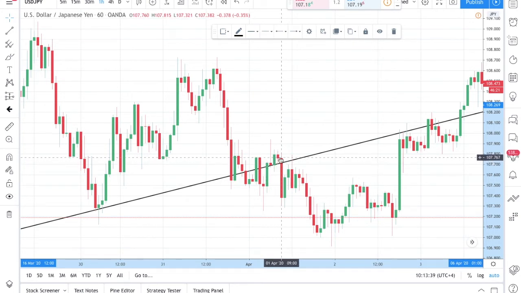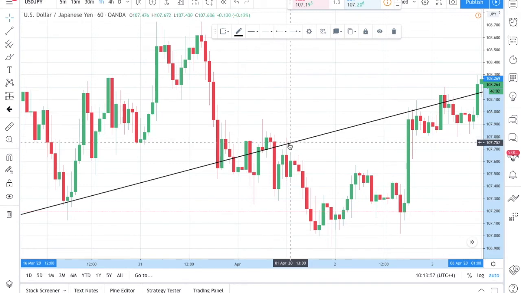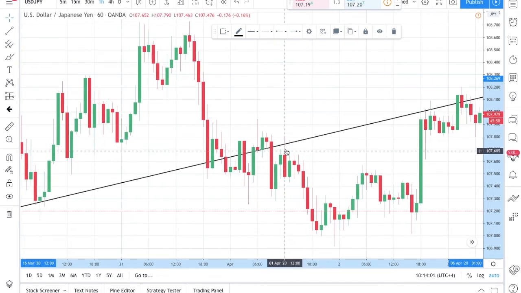The market came down, and now we have to wait for the first attempt. Look at this candle. It came up till here, but it did not reach our trend line. But the next candle, look at this tail. It came up and it touched our trend line and it came down.